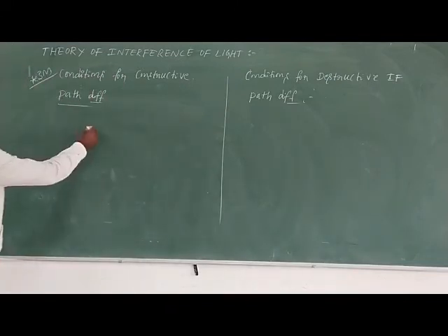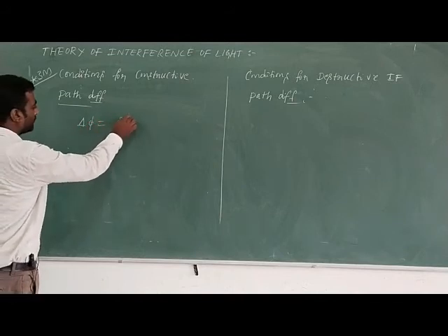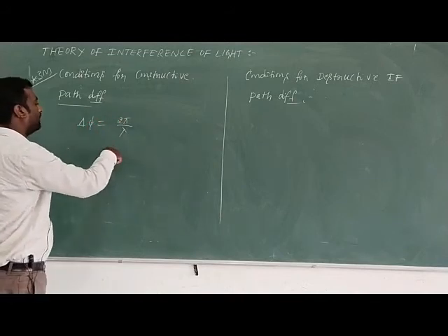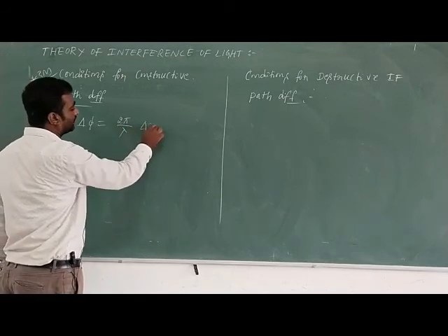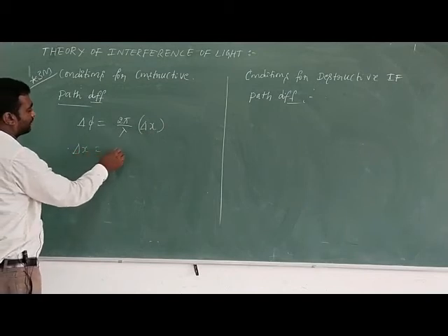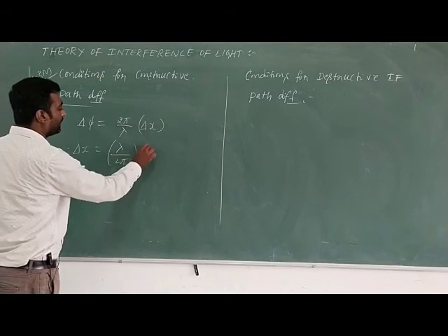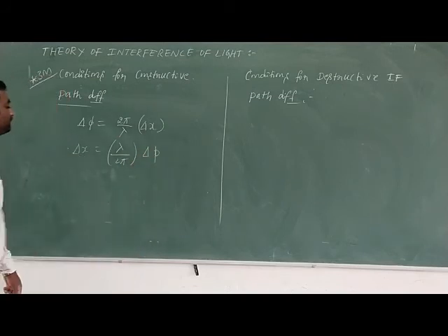The path difference formula was given in the previous classes: Δφ is equal to the propagation constant k, that is 2π by λ, multiplied by Δx. Here we need to obtain the formula for path difference, that is Δx is equal to λ by 2π multiplied by Δφ.